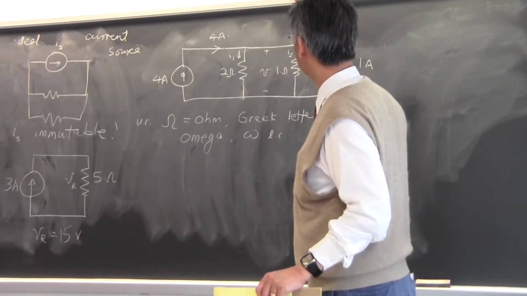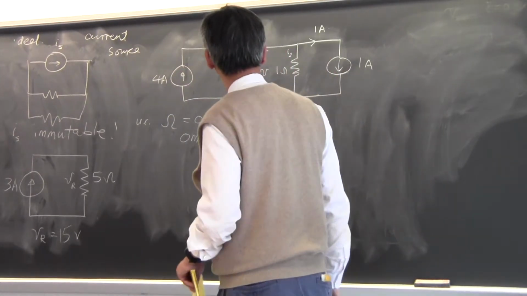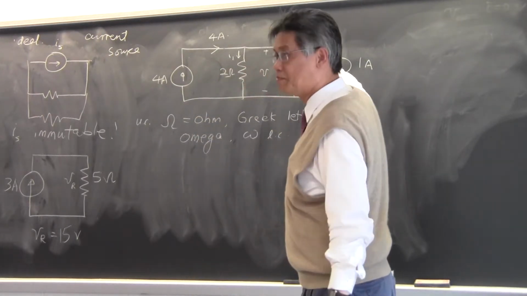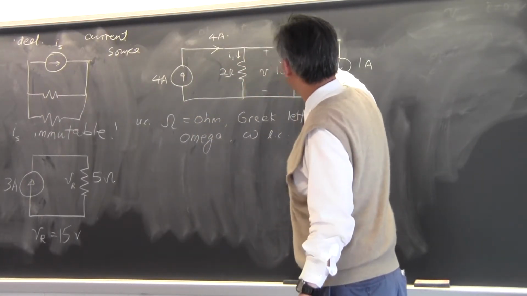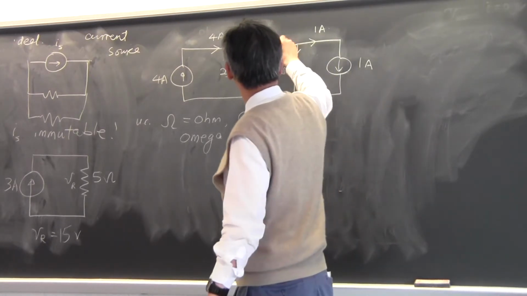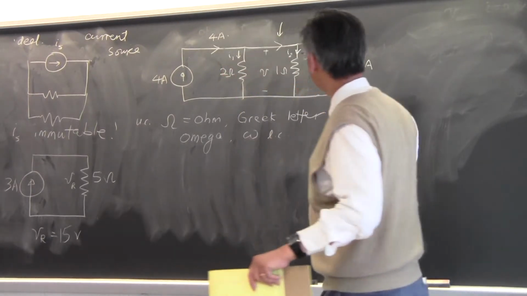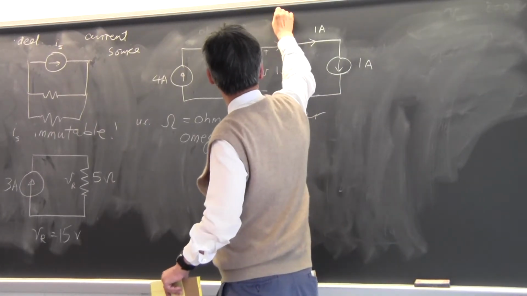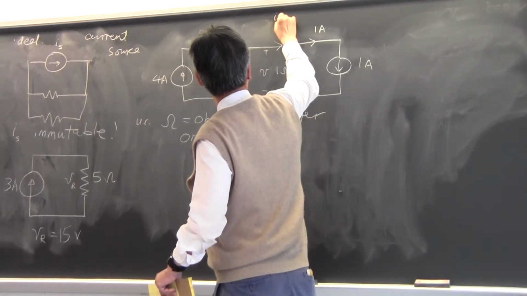I can solve for them using Kirchhoff's current law and Kirchhoff's voltage law. Because this is 1 amp, this is I2 coming down. What do you think is the current flowing here? It will be 1 amp plus I2, right? So the current flowing in that arm is I2 plus 1 amp.